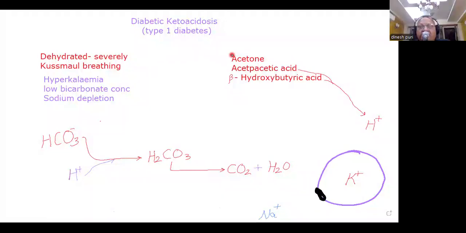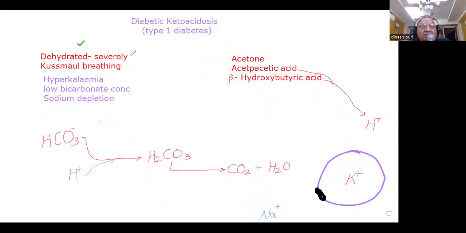And Rothera's test is positive in the urine, indicating presence of ketone bodies: acetoacetic acid, acetone, and beta hydroxybutyrate. So we are going to see the biochemical basis of these changes, why the patient is having these problems.